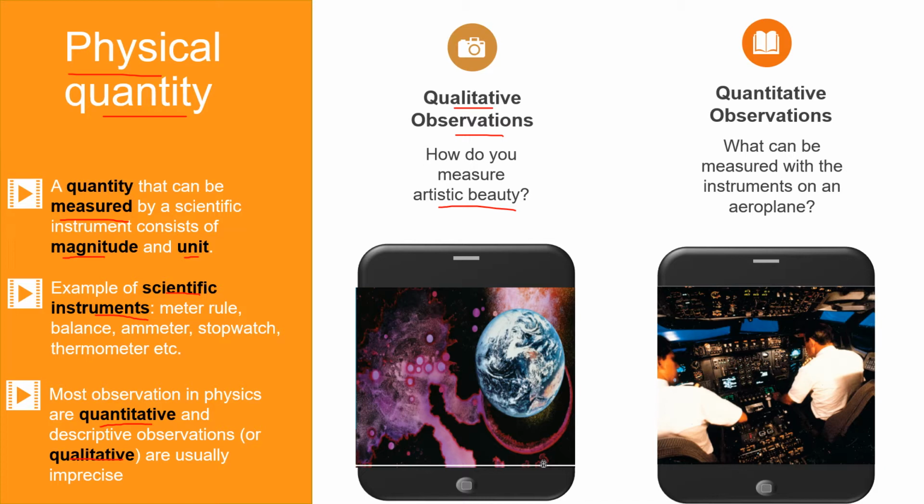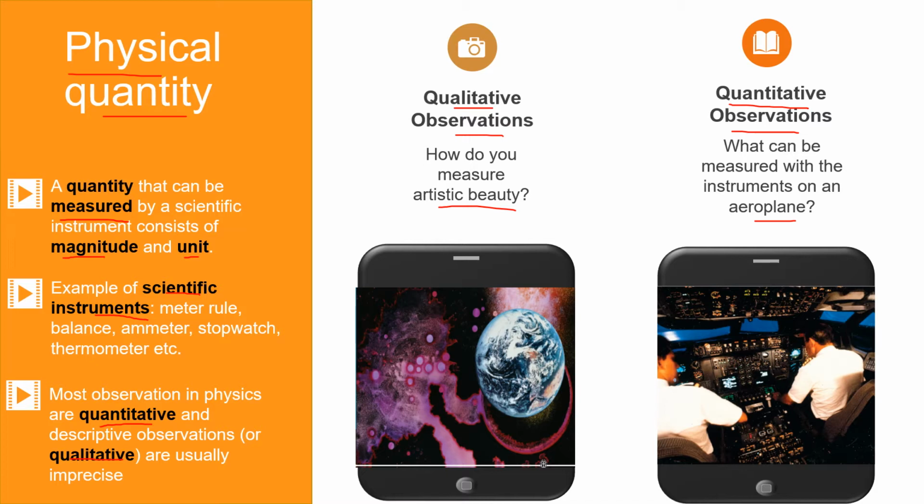And then untuk quantitative, okay, basically it will involve the numbering lah untuk this quantitative observation. Okay, so for example, what can be measured with the instrument on the aeroplane. Okay, for example, dekat aeroplane kita ada apa? Maybe we'll have a fuel meter kan.